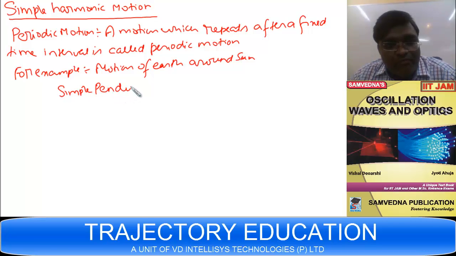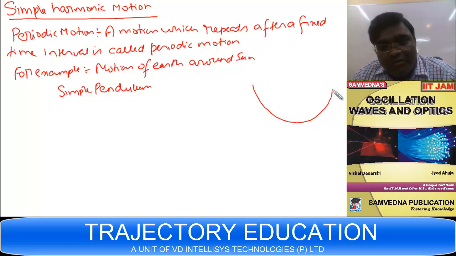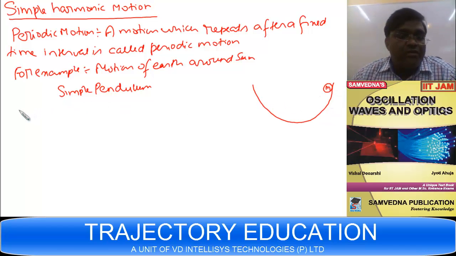Or a motion where I have a hemispherical bowl and I release a ball of mass m. It also is a periodic motion. It will keep on moving like this. So all these motions are periodic motions. They are repeating the motion. Motion repeats itself after a period of time.